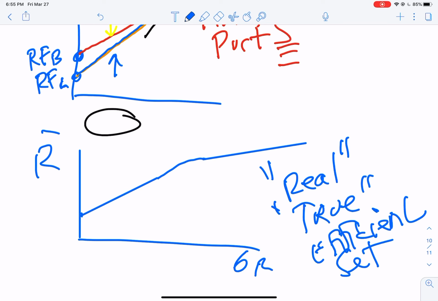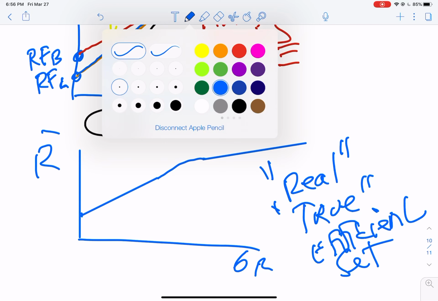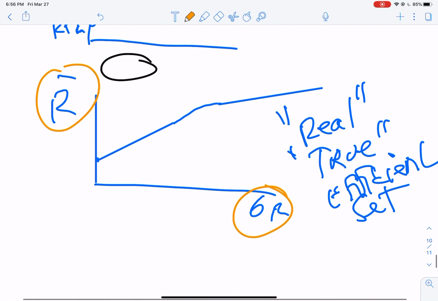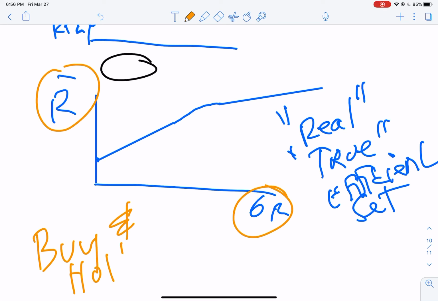Investment possibilities that exist in the real world, combinations of risk and return that exist in the real world that you could choose to take positions in, and this is supportive of buy and hold investing. So this is supporting buy and hold investing. This is the theoretical underpinnings of that.